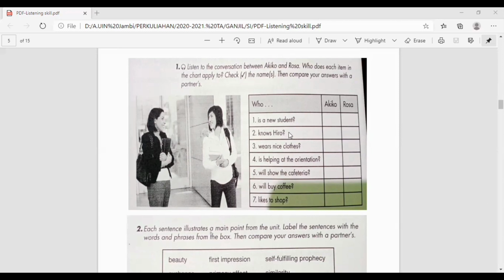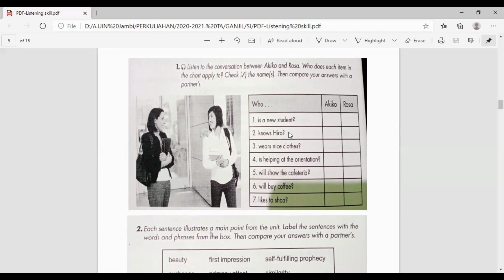Excuse me, do you know where the new student orientation is going to be? Yes, it's in room H305. My name is Rosa, by the way. What's yours? Oh, my name is Akiko. Thank you for your help, Rosa. Sure, Akiko. Akiko, that's a Japanese name, right? Are you from Japan? Yes, from Chiba. I'm from Mexico, Mexico City.